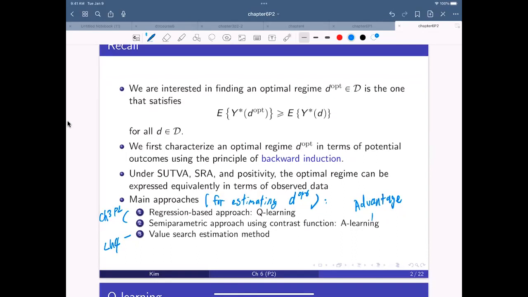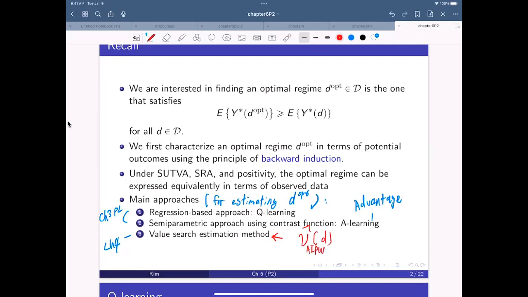Advantage still uses the same idea of augmentation. You are talking about the value search, the value of the AIPW, right?